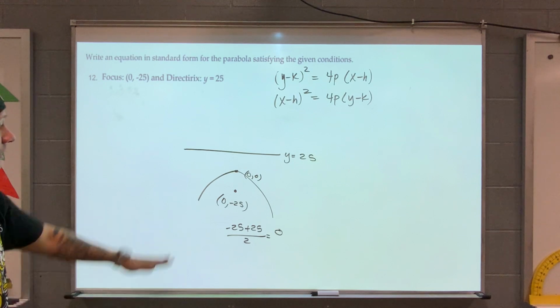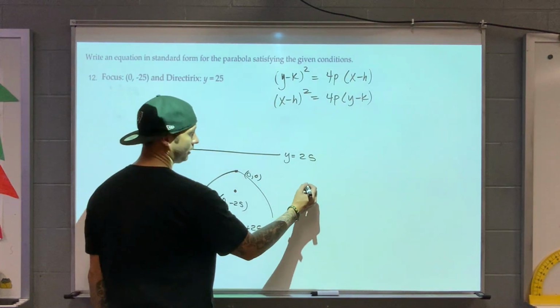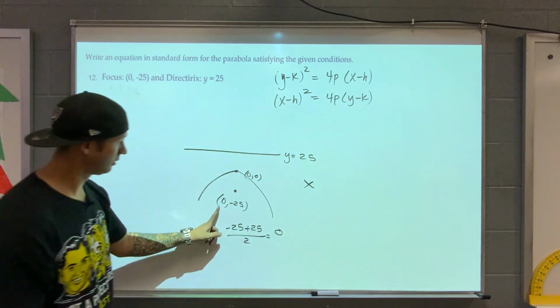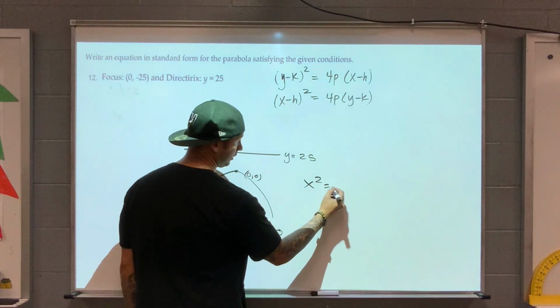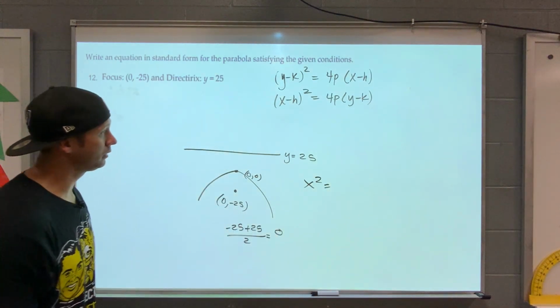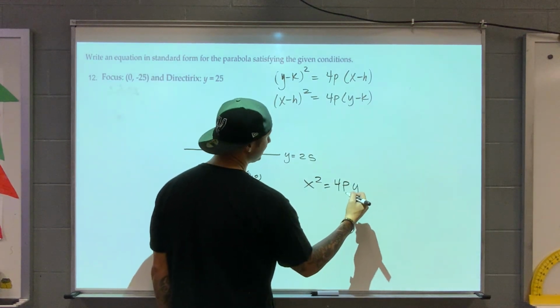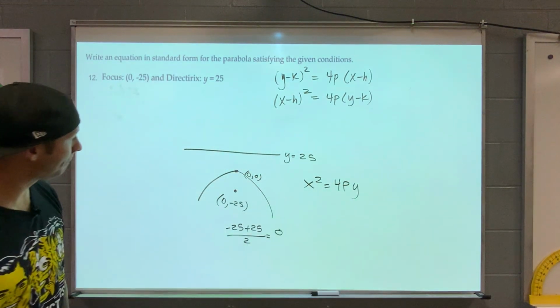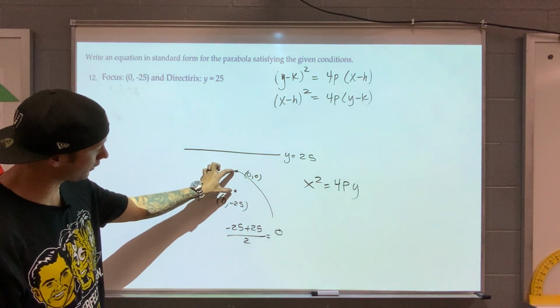Okay, since it opens downward, we know that the x is what gets the square. So x minus h, h is 0, equals 4p y minus k, which is 0. Okay, p is the distance from the focus to the vertex.